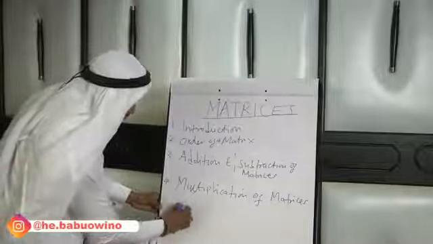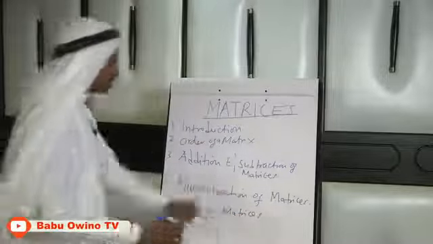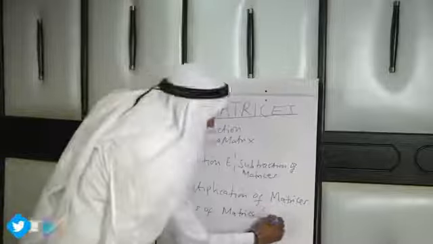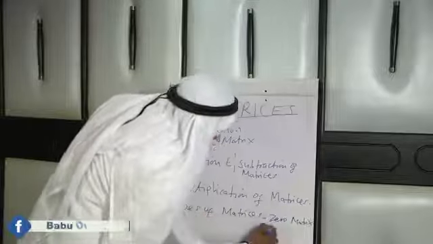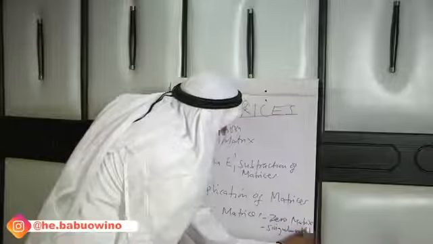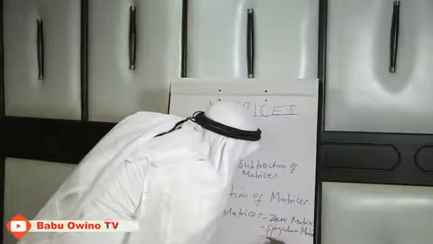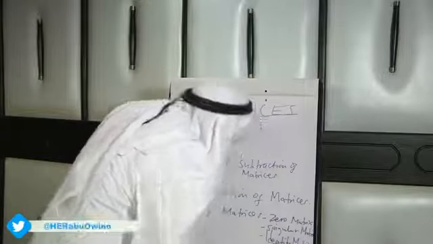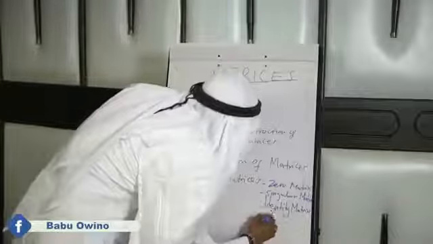Then we'll go to types. Of the types of matrices, we have the zero matrix, we have the singular matrix, the third one we have the identity matrix, and we have the determinant, or rather the inverse of a matrix.